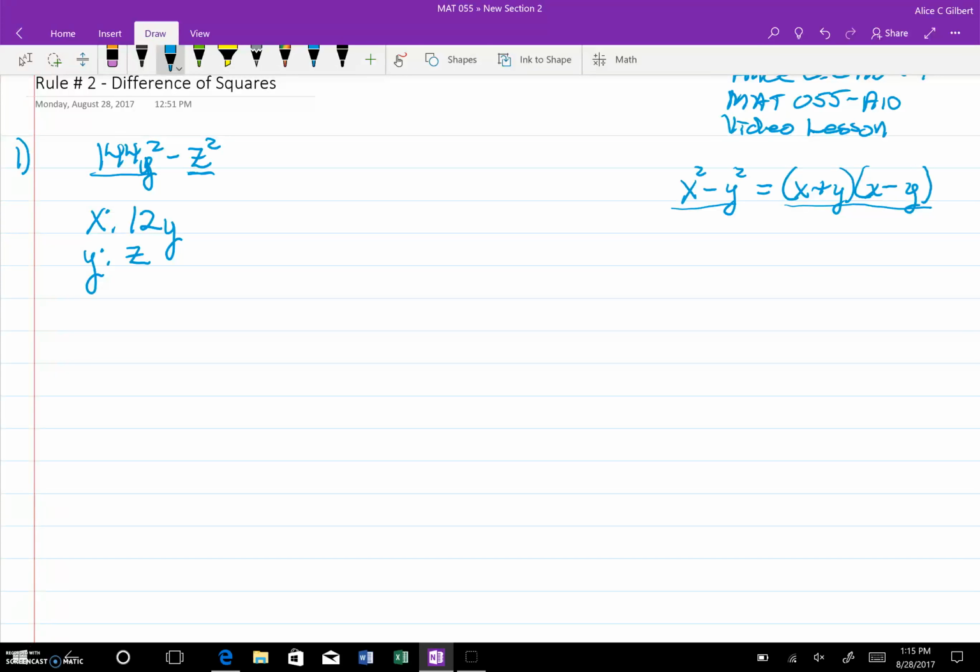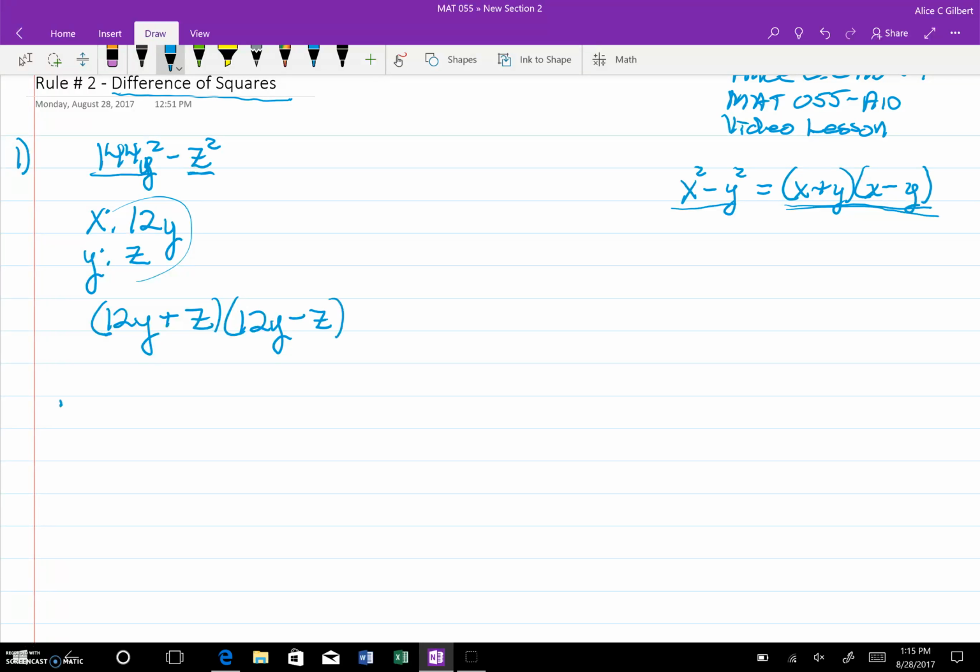So if I can take an even square root of both, then it is indeed a difference of squares. Now I just need to put these into the correct x and y, and that would be 12y plus z and 12y minus z. And we're done.